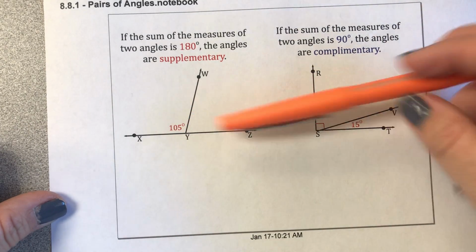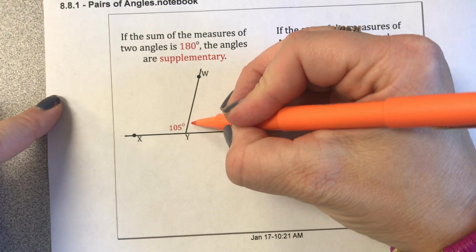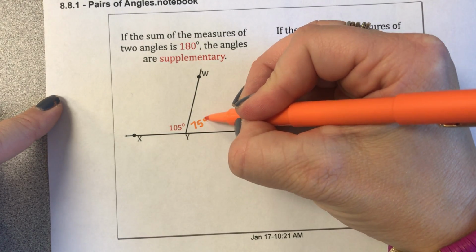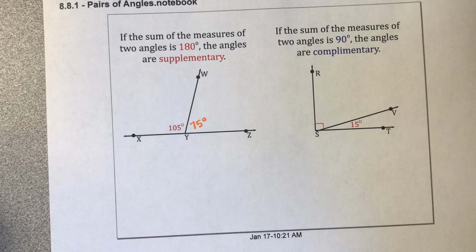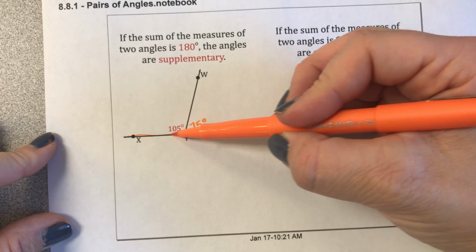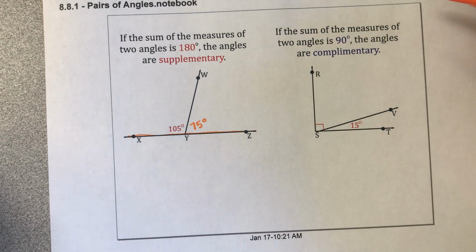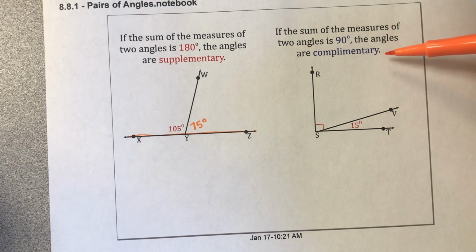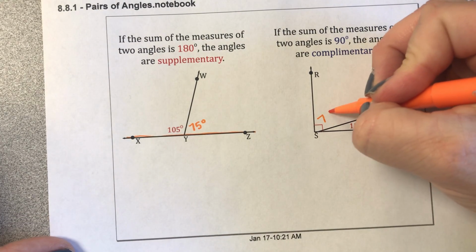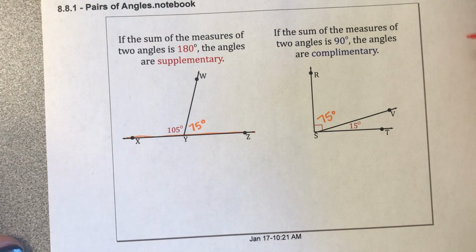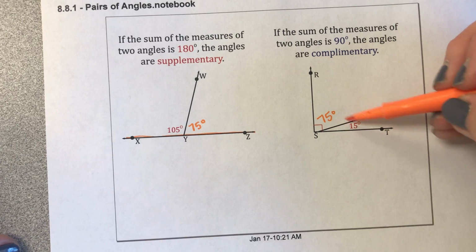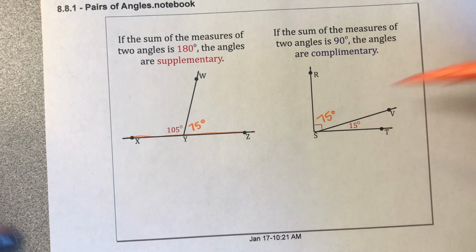So if I have a 105 degree angle, this would have to be 75 degrees, because when I put them together, they make a straight angle, which is 180. They're supplementary. If you put two angles together and their sum is 90, then they're what we call complementary. So here's that same 75 degree angle. When I put it with 15, those two are complementary because they made a 90 degree angle.